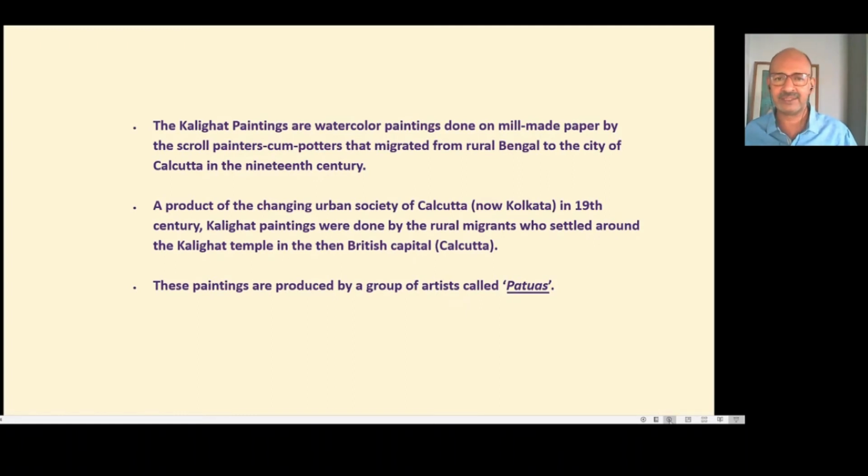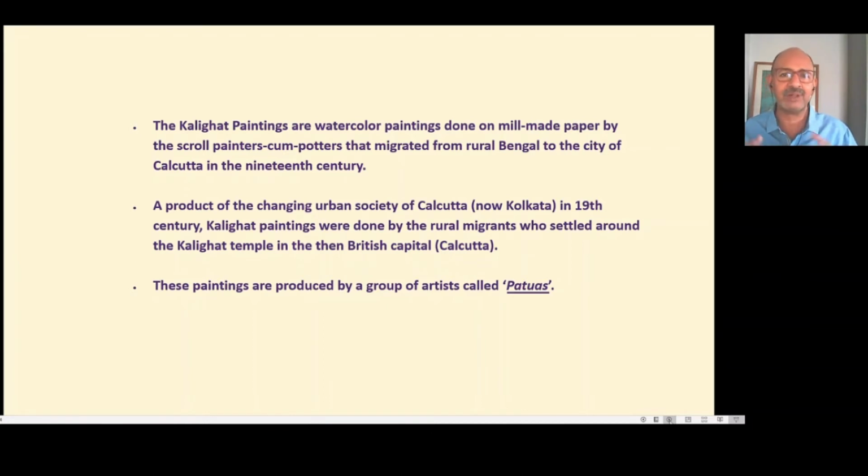So Kalighat paintings, technically speaking, are watercolor paintings done on mill-made paper by scroll painters cum potters. These Kalighat painters came from villages and settled in and around Kalighat temple located in South Calcutta. They were all originally from their own respective villages, where they were painters, and some of them were mostly potters, and they left their places, their villages, in search of jobs.